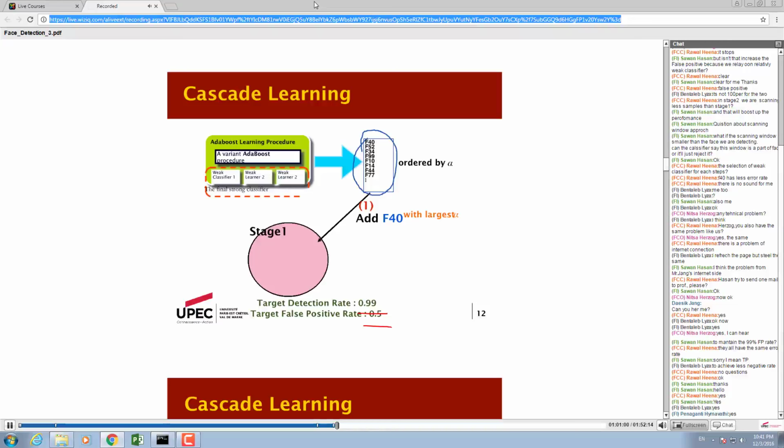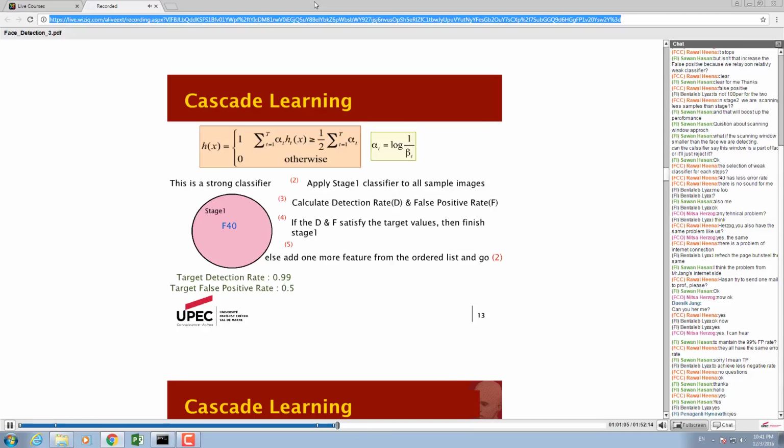The target detection rate of stage 1 was 99%, and the target false positive rate is 50%. When we added F40, then we apply this, in the next slide, 13. So H(x) here is not the final strong classifier with 2000.